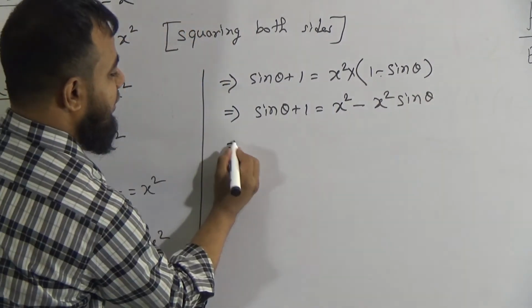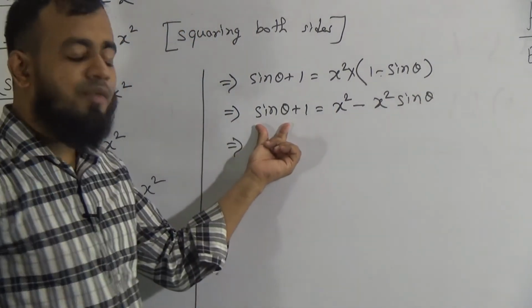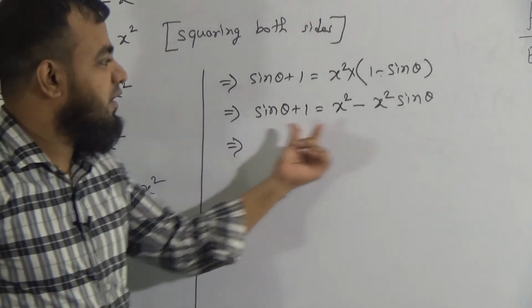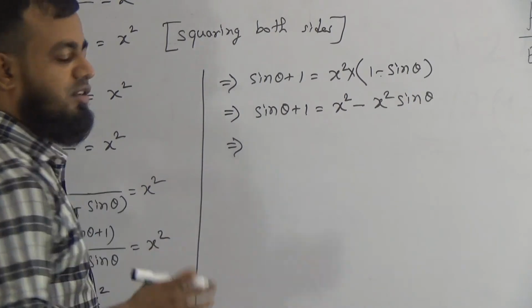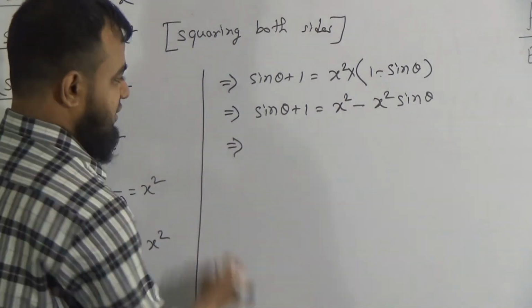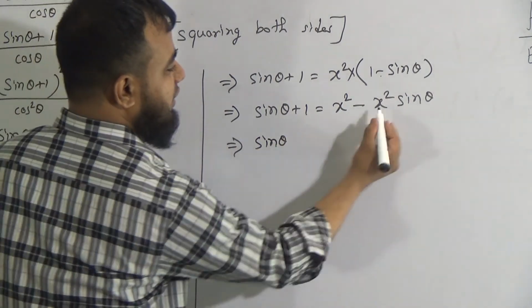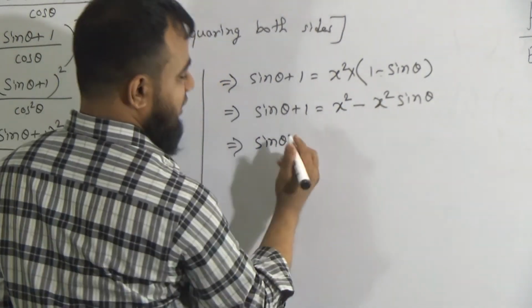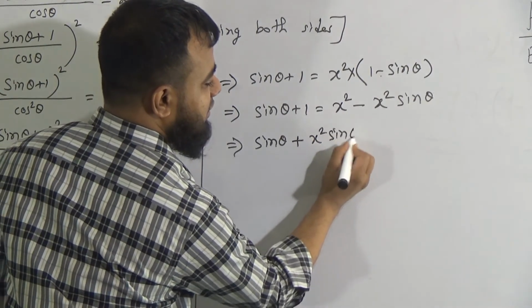Now my dear students, we need to find out the value of sin theta. So the sin theta term will be transferred into the left side and all the other terms will be transferred into the right side. We will get sin theta, and we need to transfer this minus x square sin theta to the left side. We will have plus x square sin theta, right?